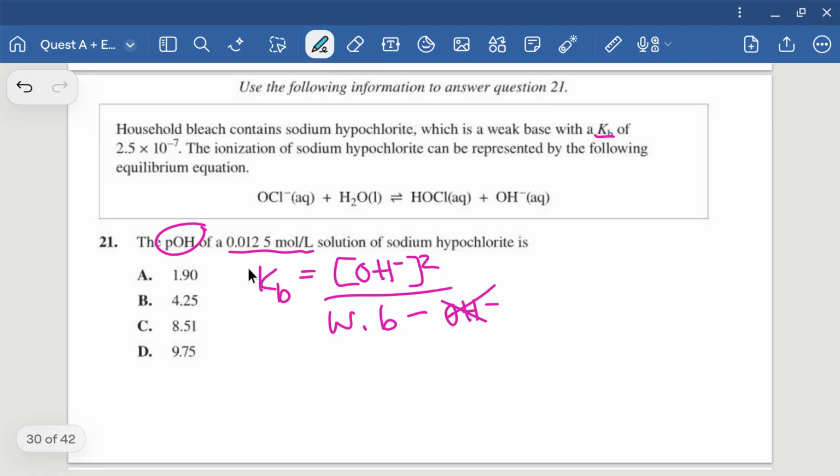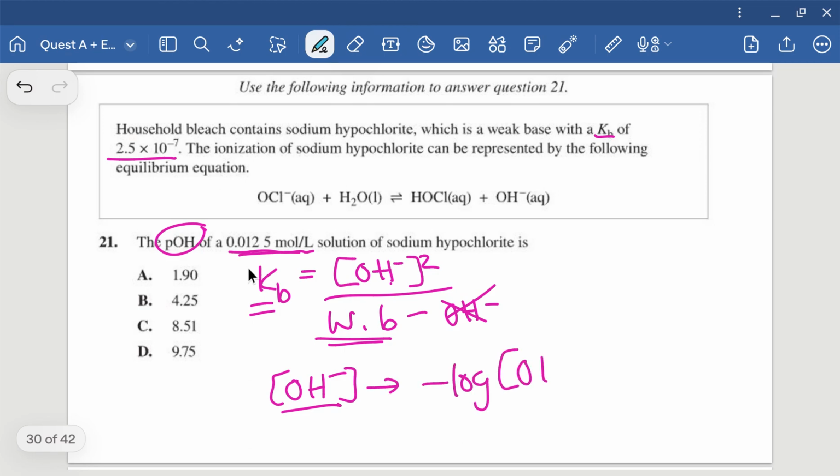So you know the Kb value, we can plug that in. You know the weak base value, you can plug that in and isolate the OH. Don't forget to take the square root. Once you have the concentration, then you can take the negative log of that. So the negative log of the concentration is going to equal your pOH. And in this case, your answer will be B.